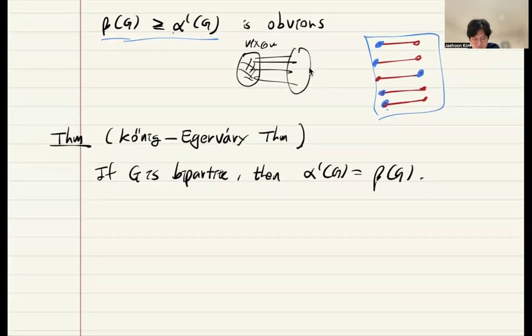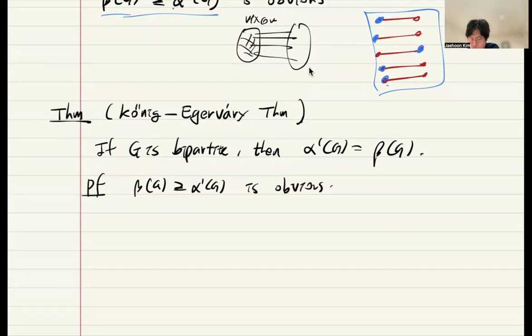It's not just an inequality on one side, they are the same. As we mentioned, one direction is obvious. So we want to show the other direction.